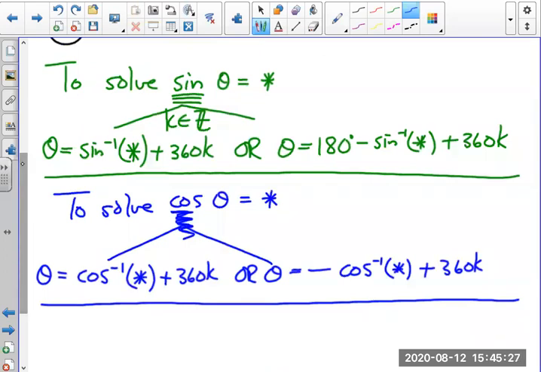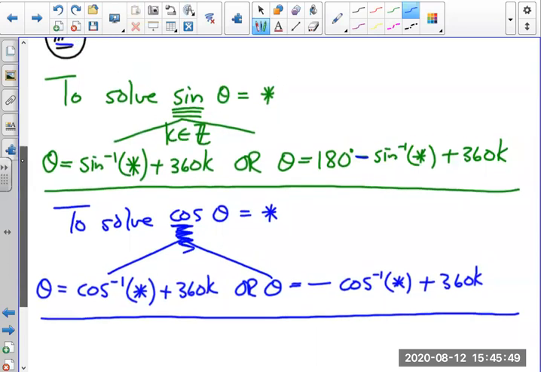Well, theta is equal to 180 minus shift sine star. It is not minus sine. That's the method if you don't want to use the reference angle and the quadrant method. Why are we starting with 180, not minus shift sine?